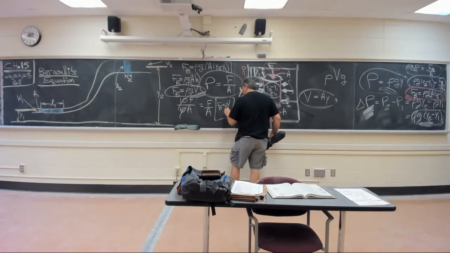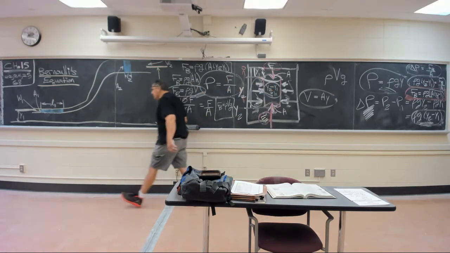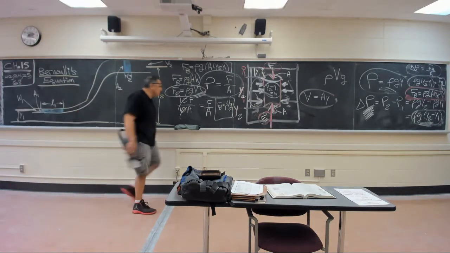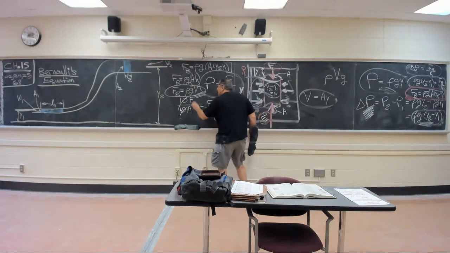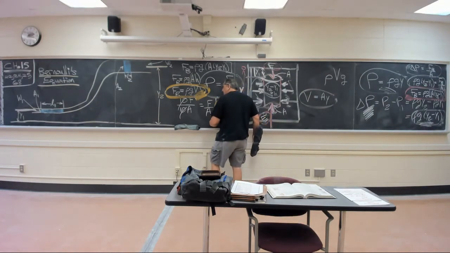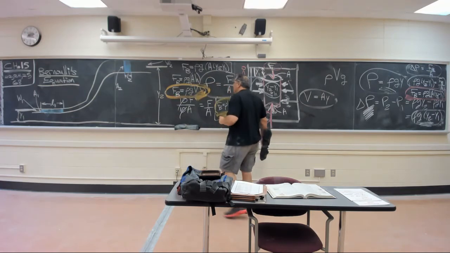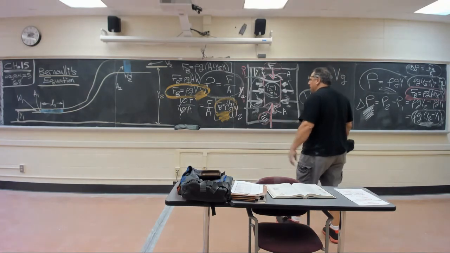Rho times V is the mass density times volume, and g is the acceleration due to gravity. For the buoyant force, yeah, it's completely believable. Completely believable, guys.